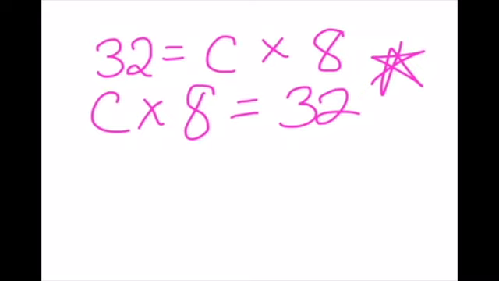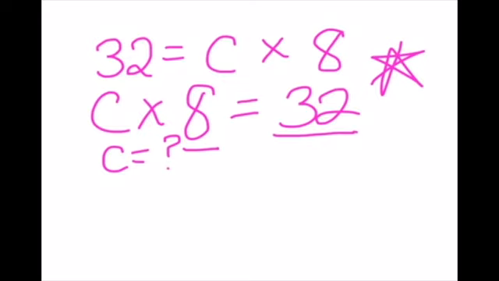And of course, what do we need to do? Well, we need to find out what C equals. I don't know what C would equal, but if I use that count by strategy, I can count by 8s to see when I get to 32 and how many times I counted by 8. That will be what C equals.